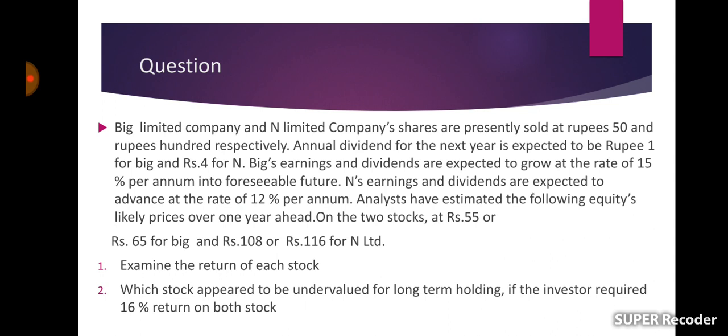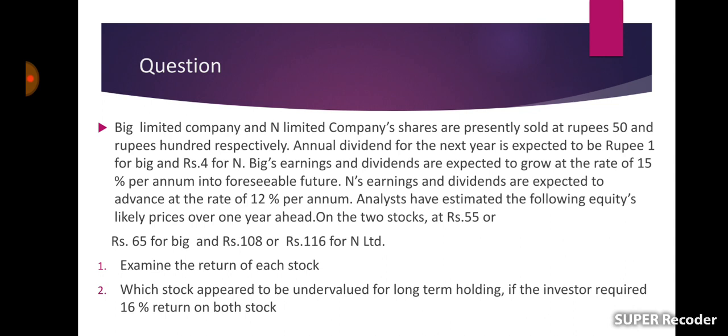So the dividend after 1 year for the Big Company is Rs 1 and for N Company is 4. And Big's earnings and dividends are expected to grow at the rate of 15% per annum into the foreseeable future. N's earnings and dividends are expected to advance at the rate of 12% per annum. Here, Big Company's growth rate is 15% and N Company's growth rate is 12%.